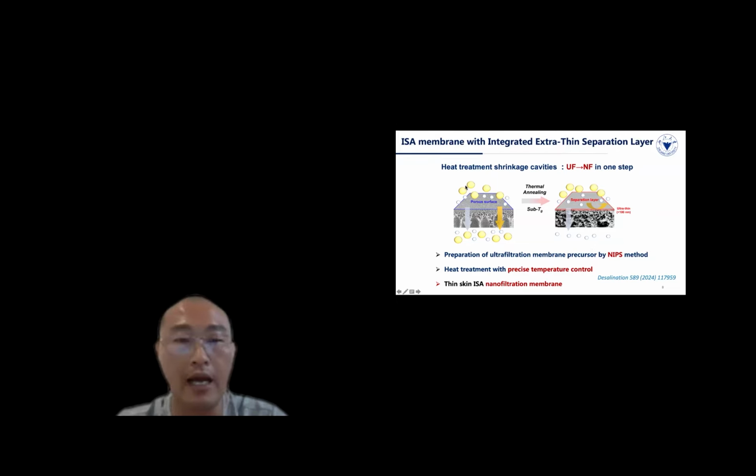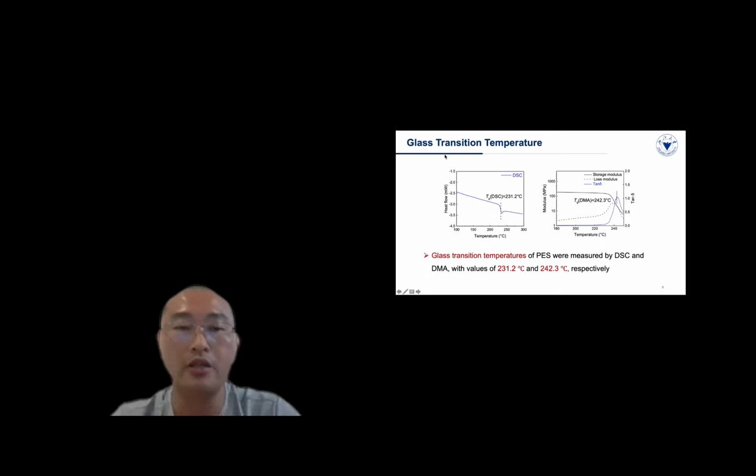Initially, in this work, I use PES as the polymer to make the membrane. First, I checked the PES Tg. I use the DSC.